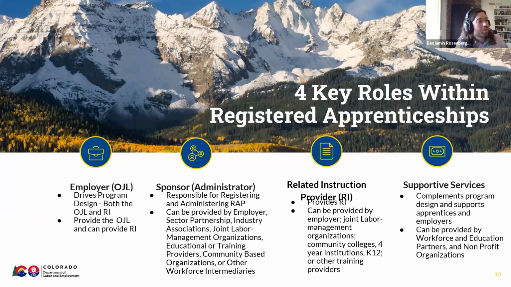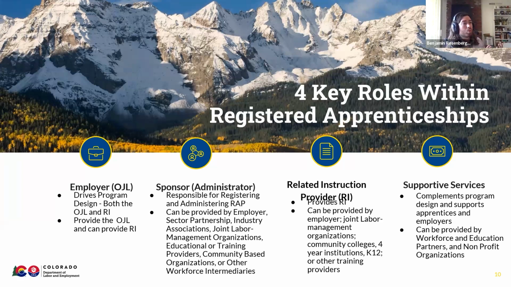And that related instruction provider can be a whole bunch of different organizations. It can be a community college, university, it can be a labor union, it can be the employer themselves, it can be a whole bunch of different entities. But for the most part, if you have an employer, a sponsor, and a related instruction provider, you can build an apprenticeship program. If you're missing one of those three components, you really don't have an apprenticeship program.